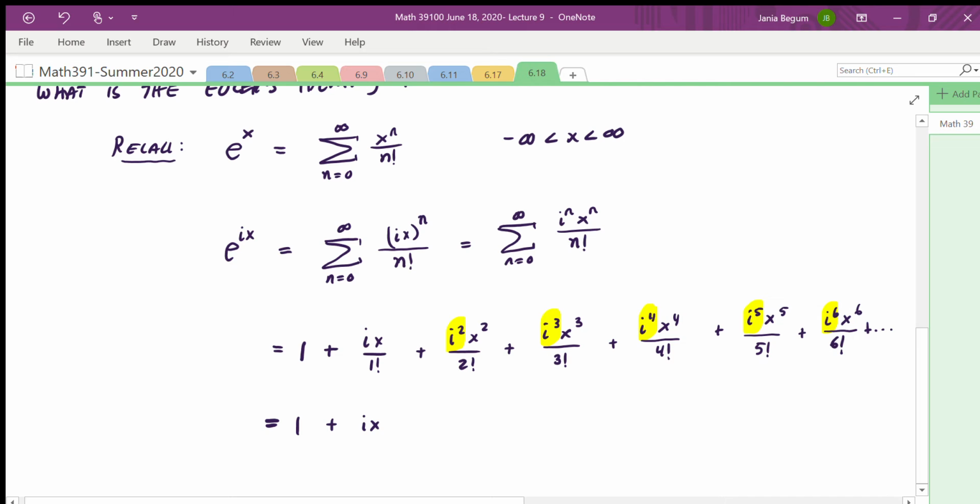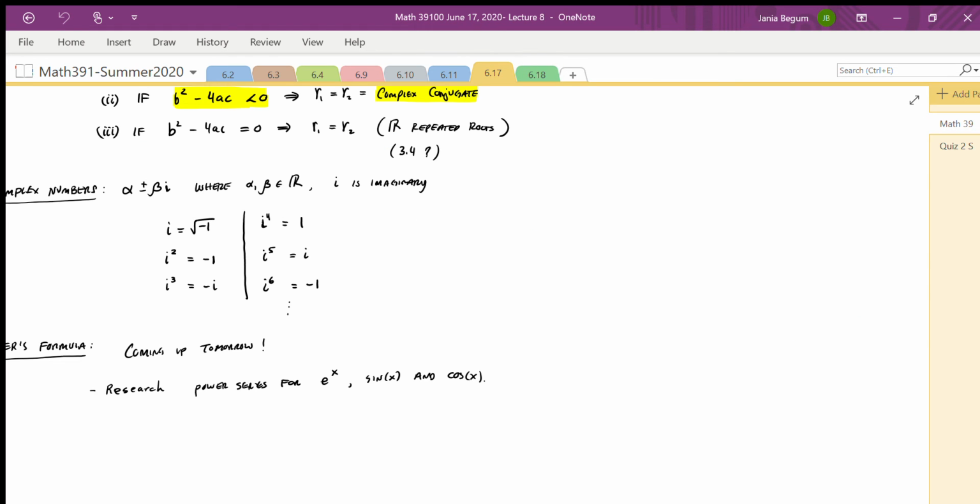And then i squared was negative 1. So this is negative x squared over 2 factorial. Okay? And then what was i cubed? Do you guys remember? Negative, right?